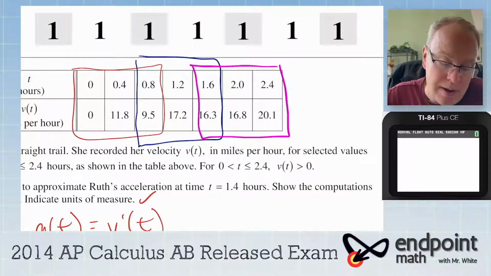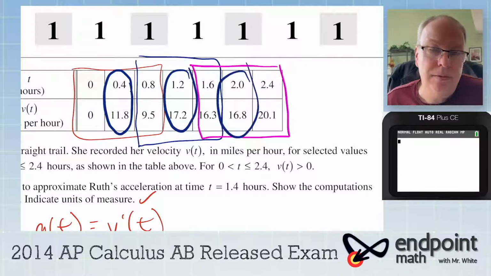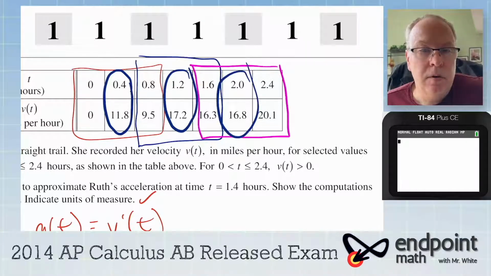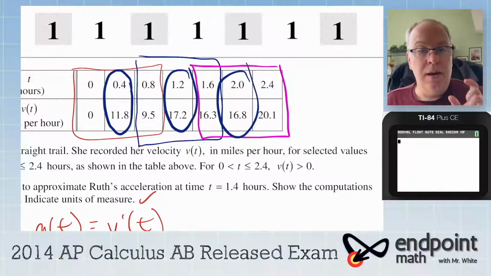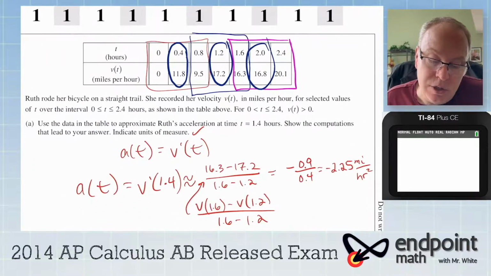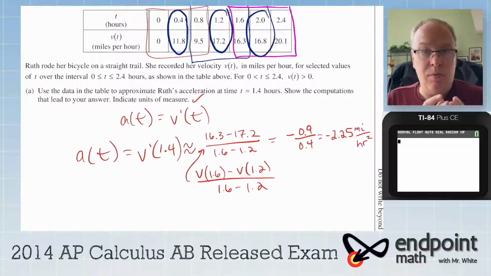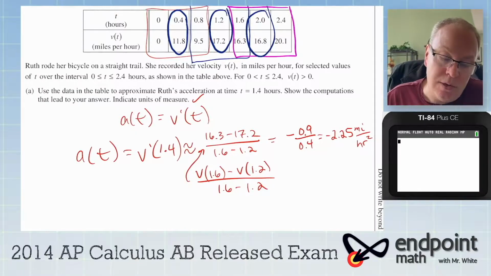Okay, so the midpoint values are this, this, and this. Remember it was a width on each one of 0.4, so the total width on each of these 3 rectangles would be 0.8, and 0.8 times 3 is 2.4. That gives you the entire 2.4 hours.